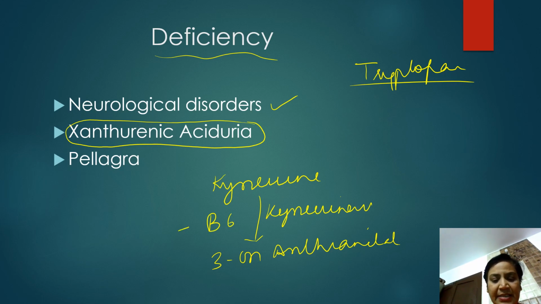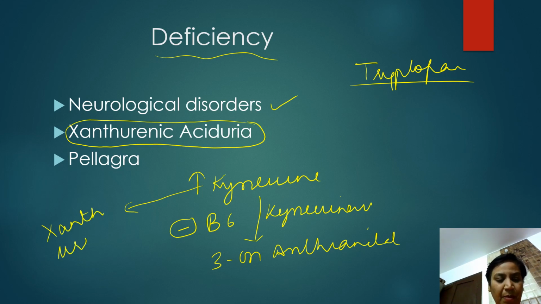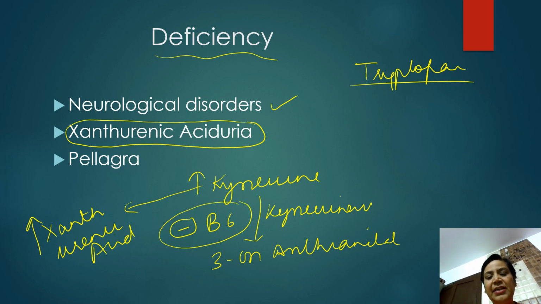Now, if there is deficiency of B6, there will be accumulation of this kynurenine, which will be diverted to form what? Xanthurenic acid. So, in other words, we can say excretion of xanthurenic acid in urine is a typical case of B6 deficiency.